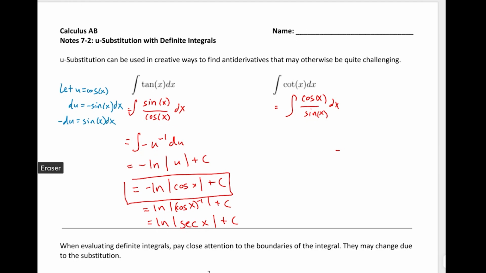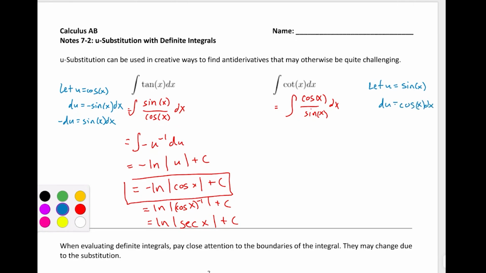And instead of using cosine as our u, here we're going to want to use sine. So say let u be sine x, where du would be cosine x dx. Now here we have that cosine dx directly, so we don't have to manipulate the du equation at all. We can then rewrite this as the integral of u to the negative 1 du.